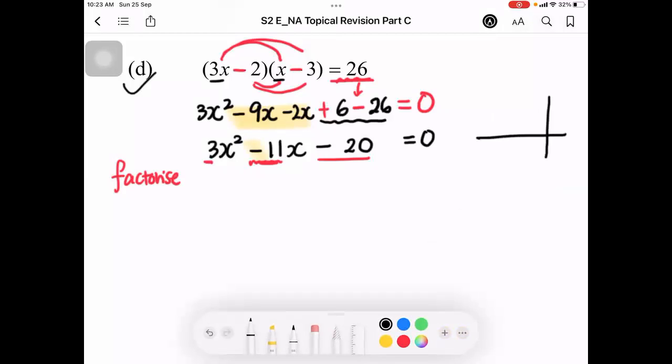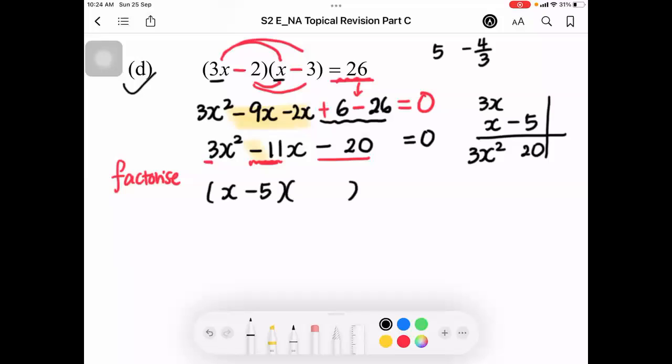We can do our multiplication here. I want to get 3x squared, so it will be 3x times x. I want to get 20. What times what gives me 20? Let's see what my calculator gives me. My calculator gives me 5 and negative 4 over 3. That means in my bracket, one is negative 5, and the other one will be the number 4. 4 times 5 is 20.